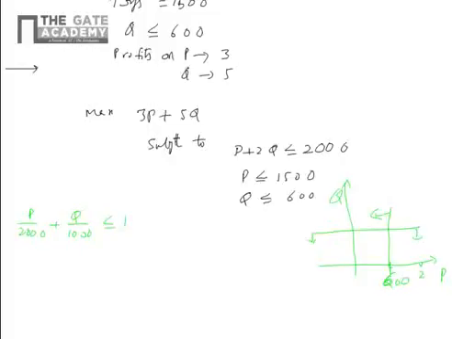So P by 2000, Q by 1000. This line will come here. So line 1 is this, line 2 is at 1500, line 3 is this one.